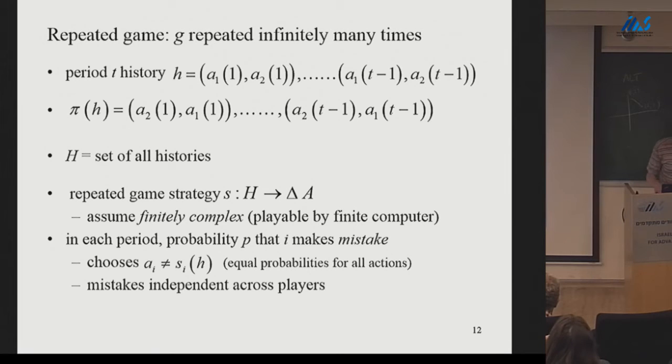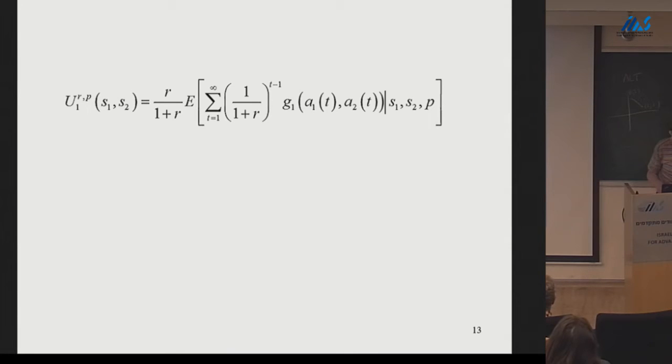So that's the model, and using that model, we can derive this very ugly expression which you're not going to want to digest, but formally this is just the payoff to player 1 if he uses strategy S1 and the other player uses strategy S2, given that there's a mistake probability P and a discount rate R. This is the discounted average payoff.